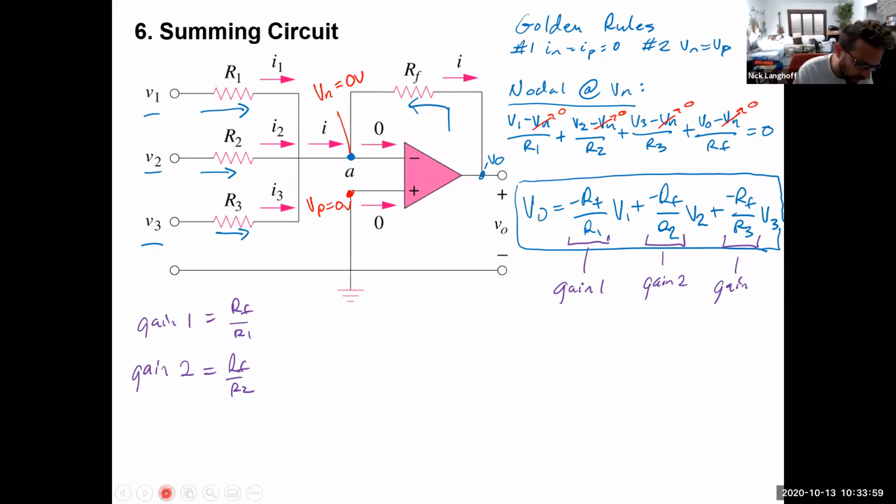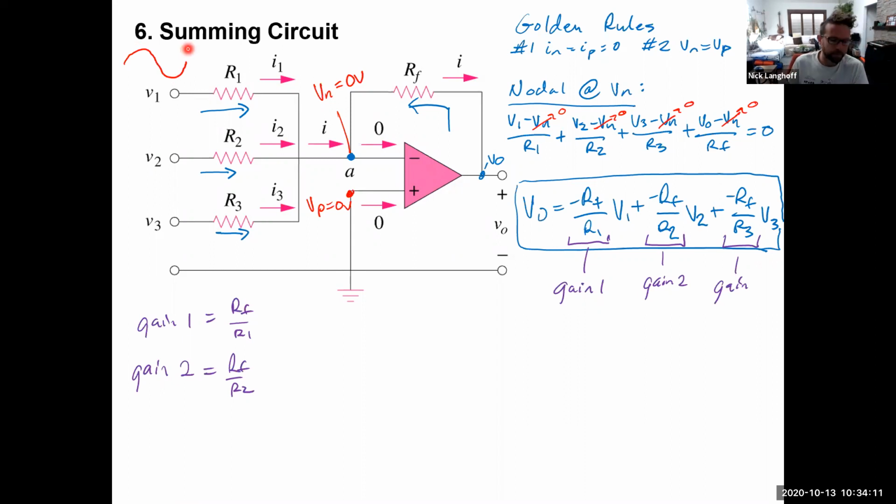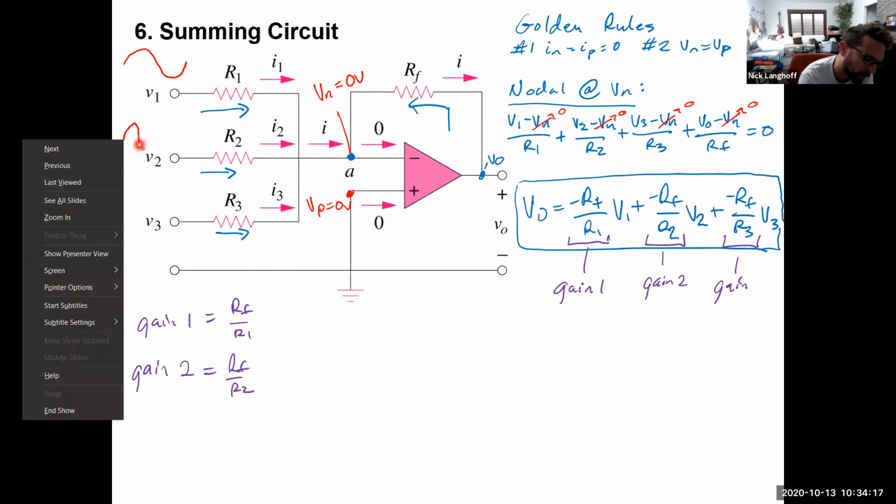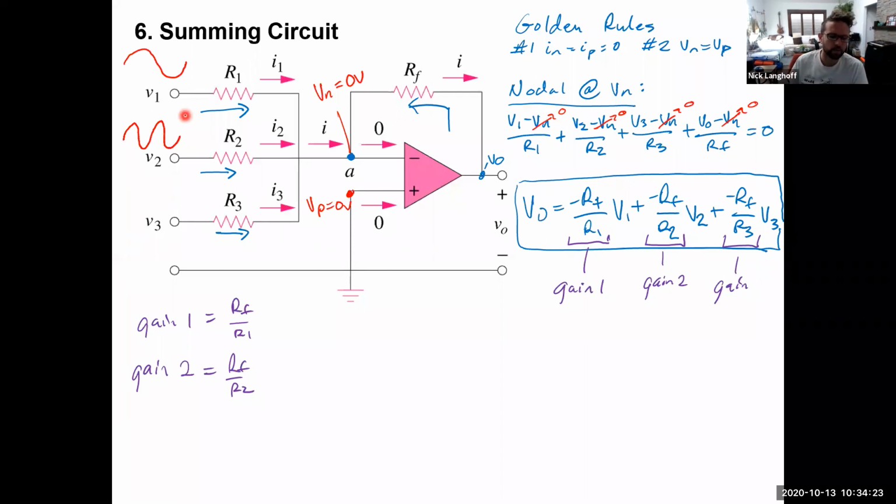Let's now draw some signals on here for V1, V2, and V3. Let's pretend that we had a relatively low frequency sine wave going into V1. Let's say that we had a slightly higher frequency sine wave going into V2. Let's say it was about twice the frequency, or maybe 3 times the frequency.